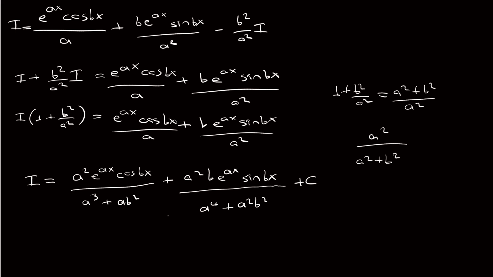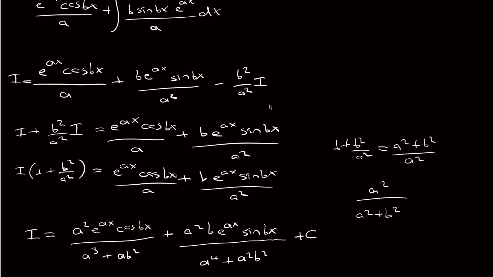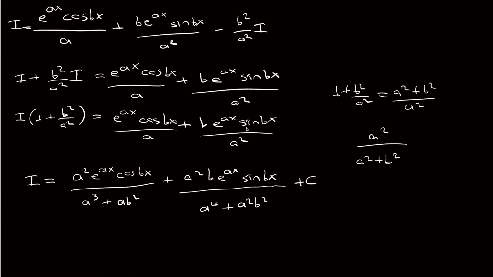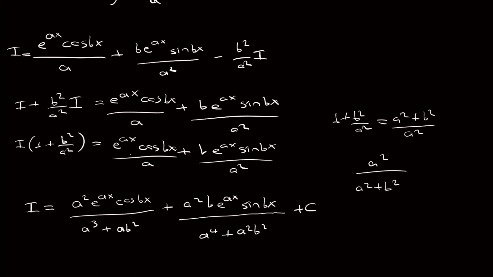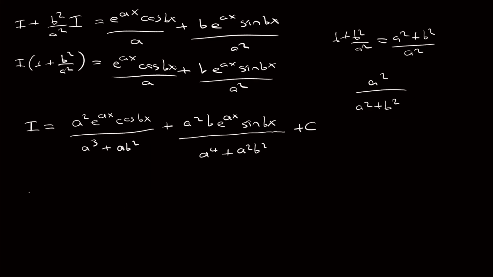Yeah, let me check my answer key real quick because I hope I did not make a mistake. Okay, so we don't really have a mistake here, but I just made the algebra a little bit longer than it could have been because I missed that.